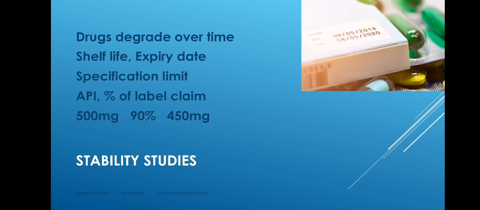When the drug degrades so that the active pharmaceutical ingredient content falls below 90% of that quantity, which in that case would be 450 milligrams, we often take that 90% figure as a threshold to determine the shelf life of the product. When the active pharmaceutical ingredient degrades to below 90% of the label claim, that's the point at which the expiry date should be set.